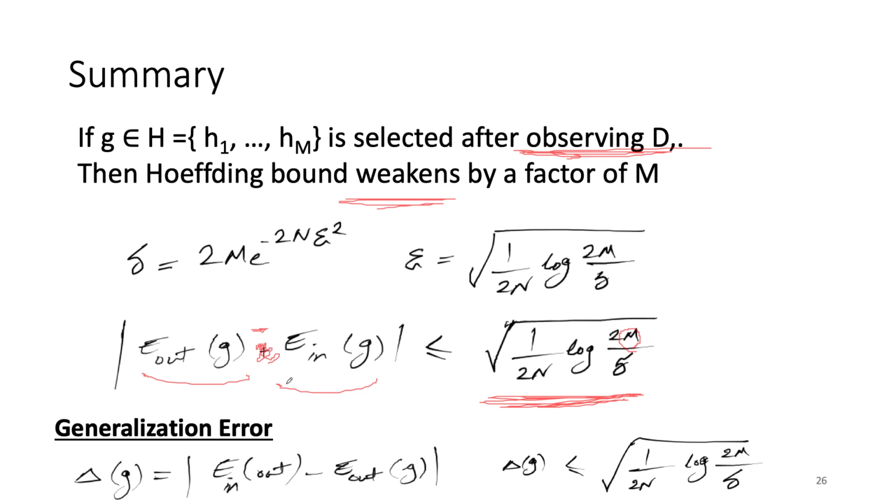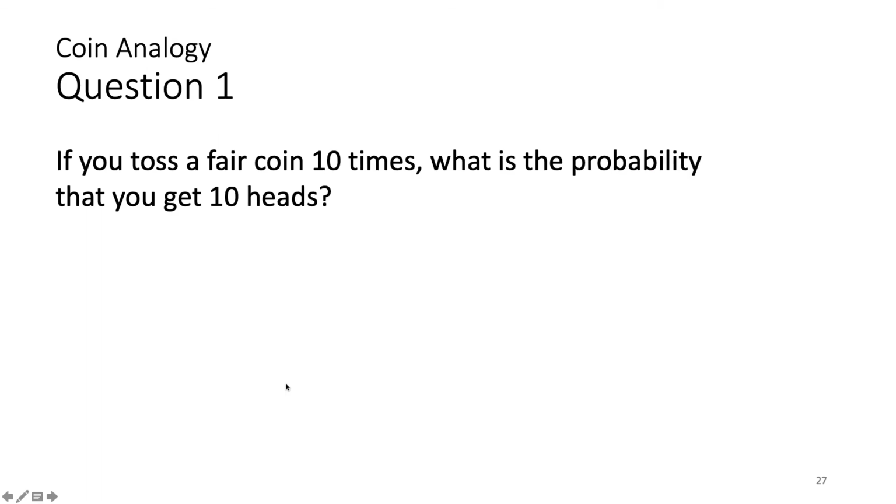Okay, so let's have a very simple question. We have a fair coin, okay? We toss it 10 times. What is the probability of getting 10 heads when we toss it 10 times? 1 upon 2 to the power 10.